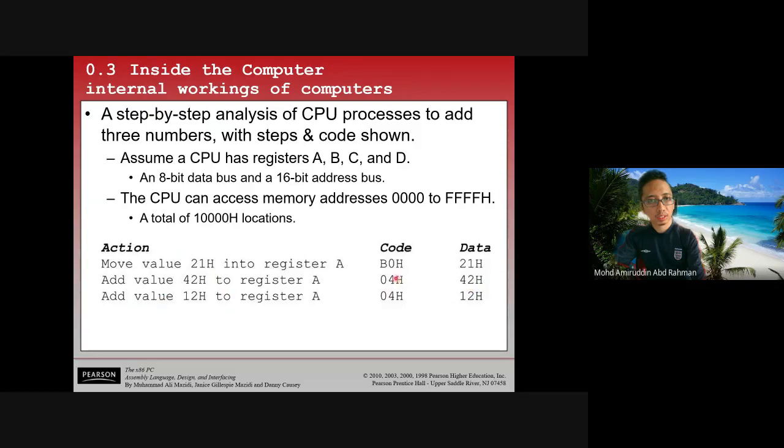So the difference is that this code is like the instruction. For move, the code is B0H, and for addition, the code is 04H. This is complemented by the data. The data is the value that is used to move.